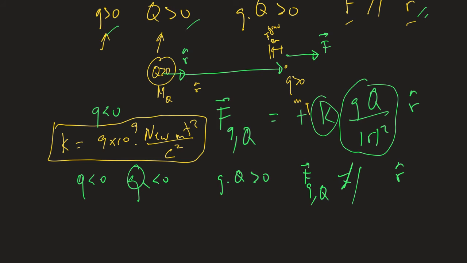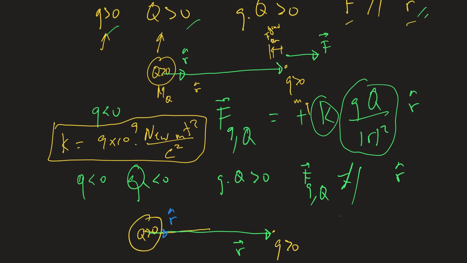Let's make the picture. This is Q, positive. This is q, positive. This is the vector R, from the source. This is the vector little r.